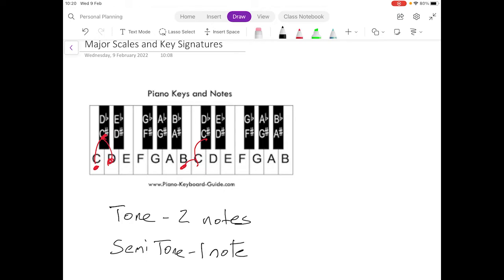So let's say we're starting off on F. If I was to move a semitone up, I would just go one note. Remember we're including the black notes in this, so it'd be 1. There we go, F sharp. If I was to move a semitone down from F, I would go 1, and it would be E, okay?